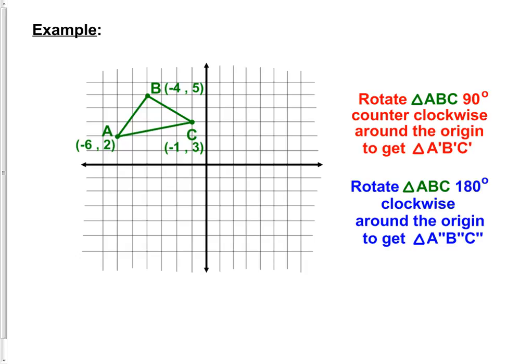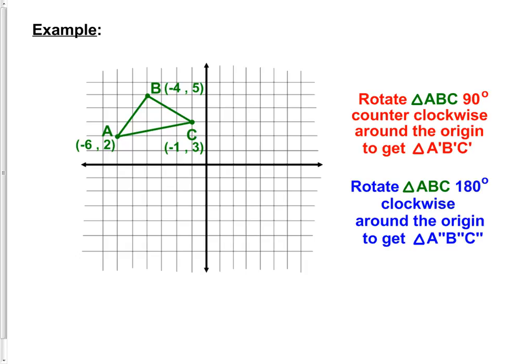Okay, so let's take a look at the red set of instructions there. Rotate triangle ABC 90 degrees counterclockwise around the origin to get triangle A prime, B prime, C prime. Well, hopefully just looking at the instructions we know that 90 degrees is 1/4 of a rotation.